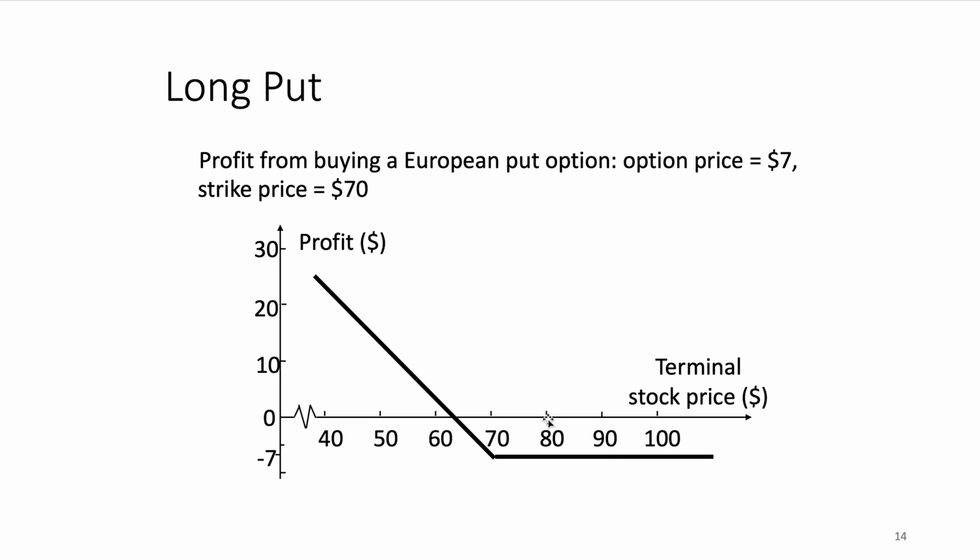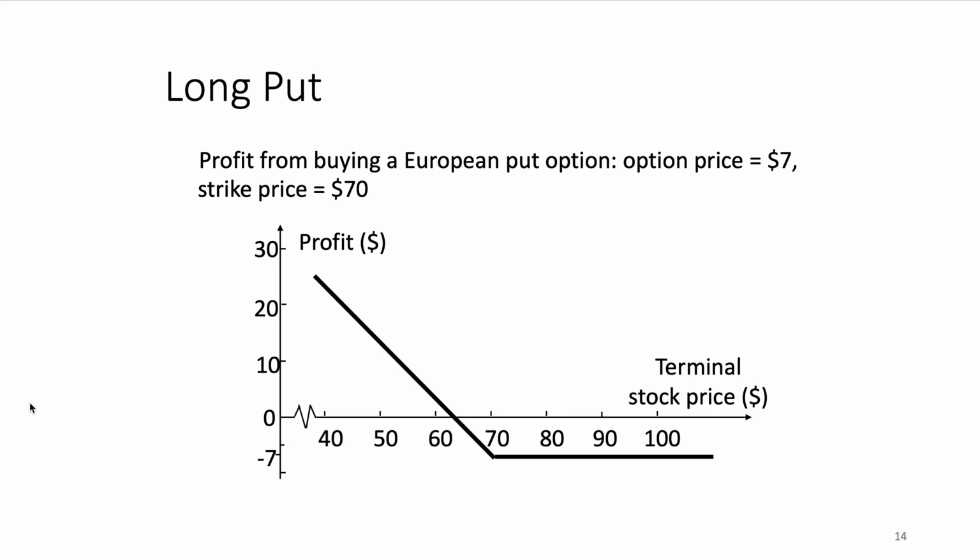If the stock price is 80, would this long put be exercised? The answer is no, because in our formula, the put option payoff is the maximum of X minus S, or 0.